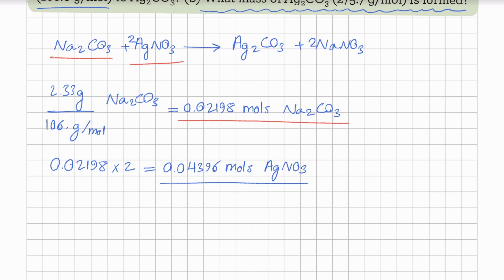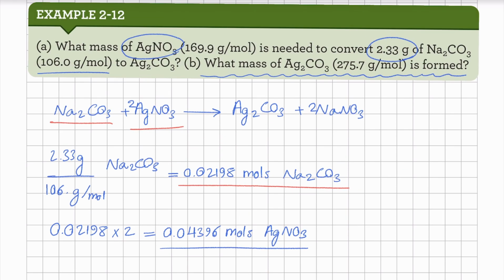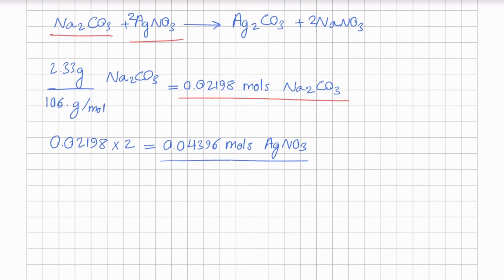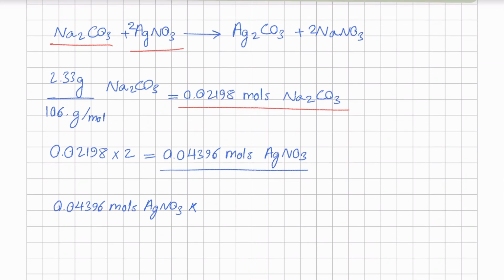Fine. Now that we have the moles of AgNO3 and also we have its molar mass, it's really easy to convert the moles to grams. So we can say 0.04396 moles of AgNO3 times 169.9 grams per mole.